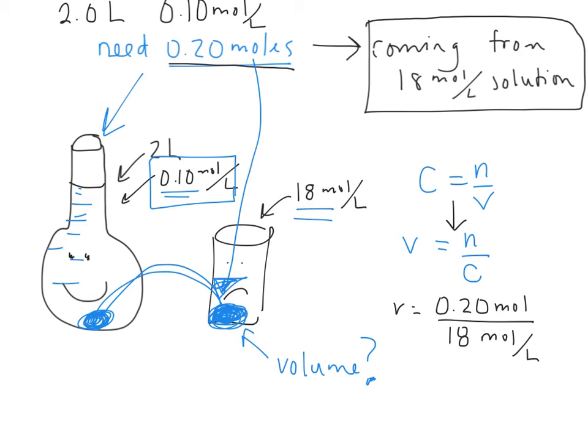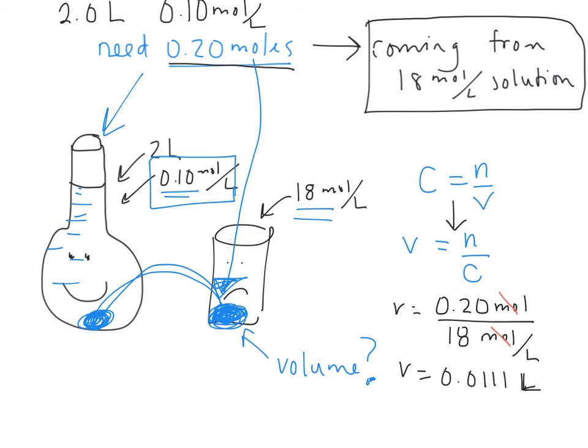If you do a unit analysis, the molar amount will cancel out, and you'll be left with liters, which is what you want. So take a second, plug that into your calculator. So 0.2 divided by 18 is, I got 0.0111.